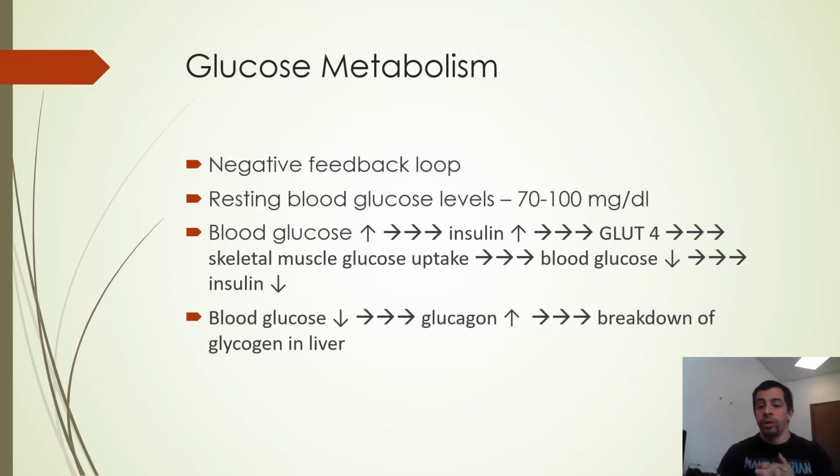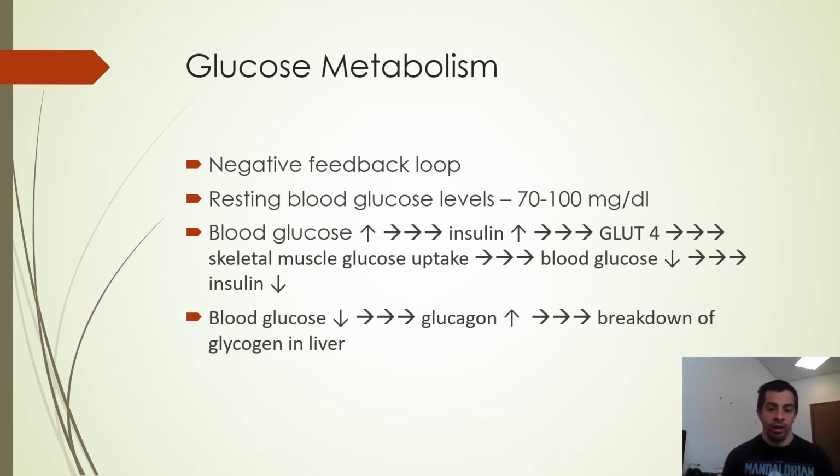levels of resting blood glucose, which is 70 to 100 milligrams per deciliter. Anytime we are above or below that range, our negative feedback loop is triggered. So if your blood glucose levels increase above that level, this causes an increase of insulin.